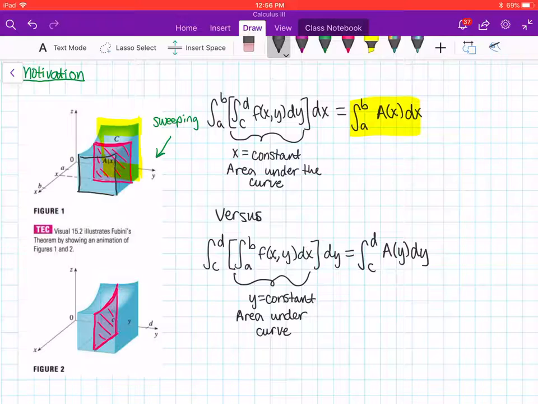And so we also see that the smallest y value is c, so we would get this sliver, this area, and then it goes all the way till we get to d. And since we're integrating, it's just going to do a sweeping motion this way.